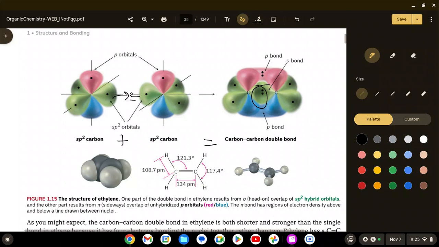So instead of the electrons being held by one of the atoms like in a normal Lewis structure, the electrons are flowing back and forth between the two carbons, and it's being shared. And that's actually important for aromatic molecules in the future and conjugated alkene systems, like dialkenes, trialkenes, and so on.